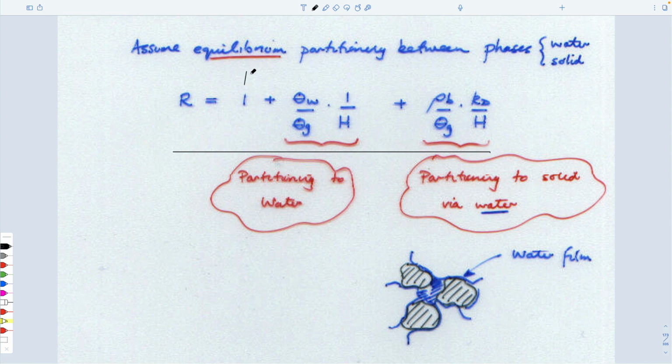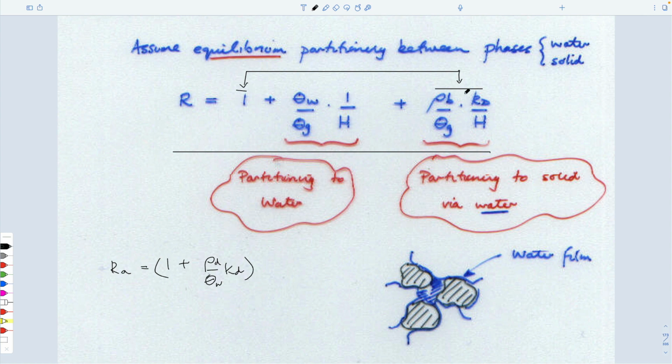So the one and this term perhaps are reasonably familiar, right? If we just looked at our aqueous retardation coefficient, it was equal to 1 plus bulk density divided by volumetric moisture content multiplied by Kd.